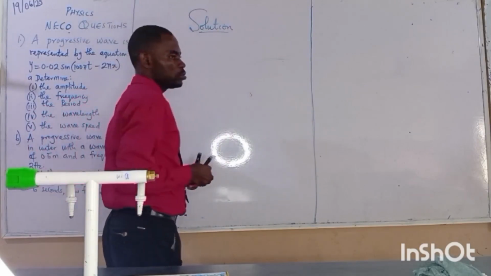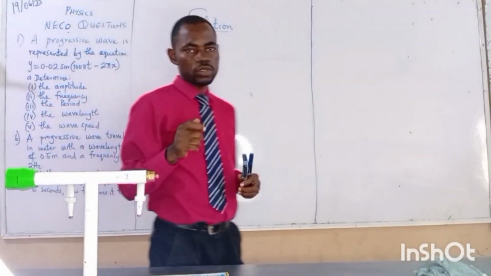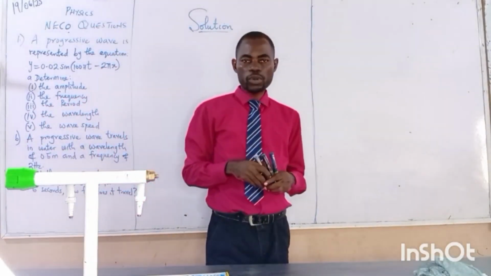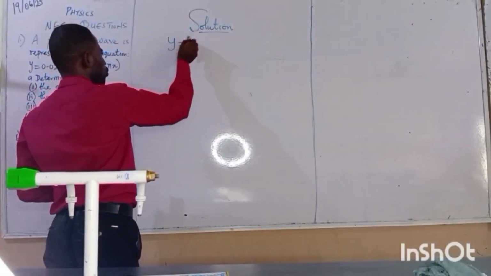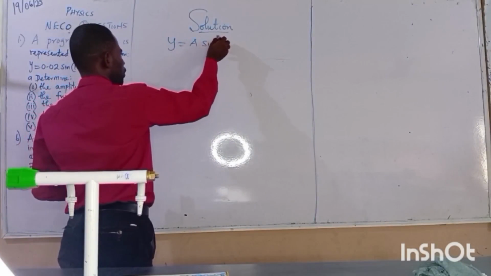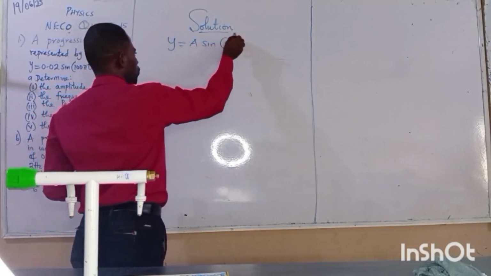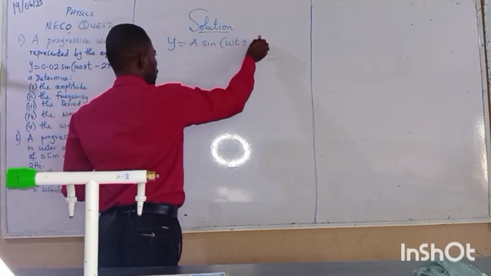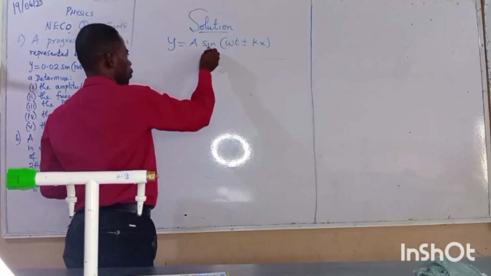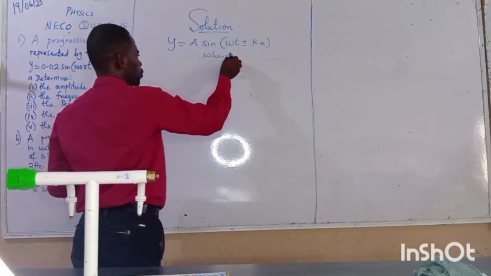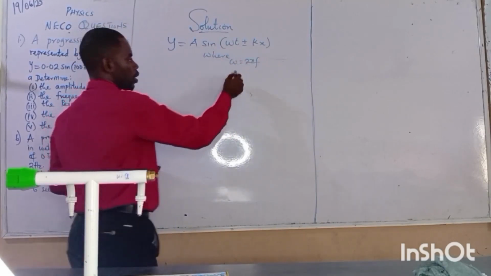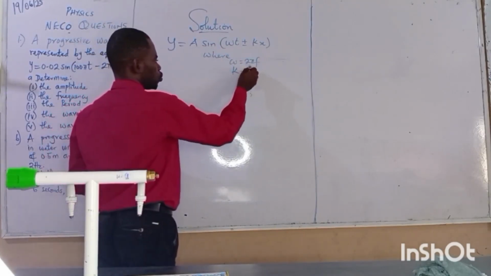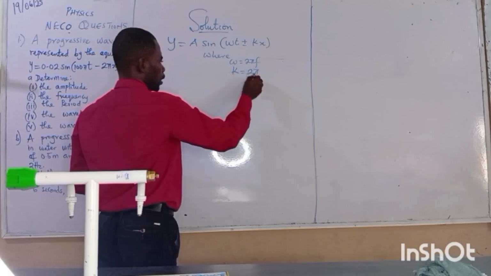We need to remind ourselves that we have something called the equation of a progressive wave, which says y equals a sine open bracket wt plus or minus kx, where w is 2 pi f and k is 2 pi over lambda.